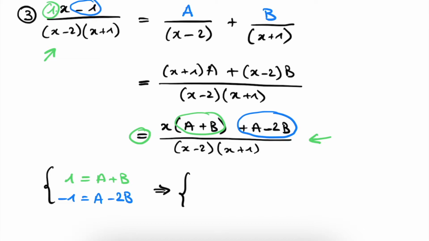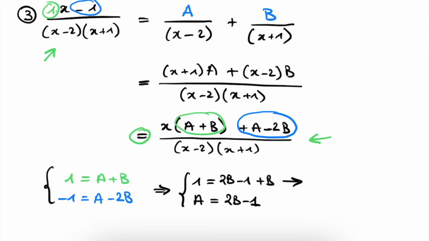We first rewrite this second equation and we get that a is equal to 2b minus 1. And then this a, we simply fill in here in the first equation. So we get 1 is equal to 2b minus 1, which is this a, plus b.